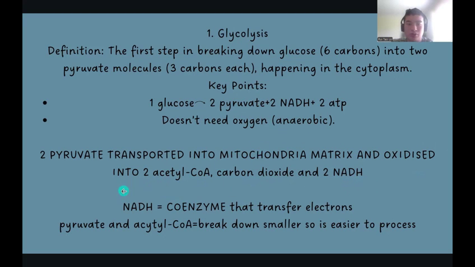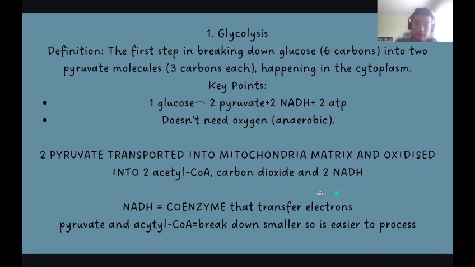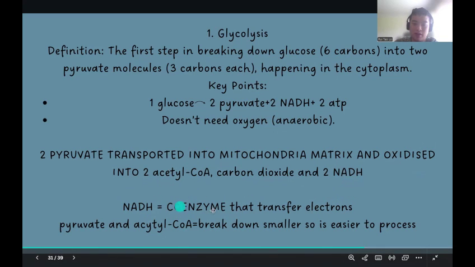NADH is basically a coenzyme that transfers electrons, and a coenzyme basically supports the enzyme in working. The reason to break glucose down into pyruvate and acetyl CoA is that they are smaller, so it's easier to process than a big molecule.